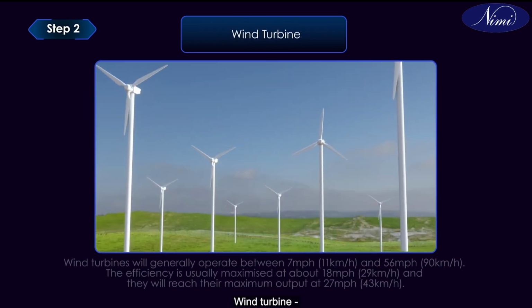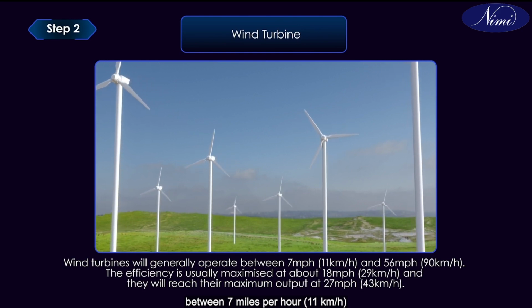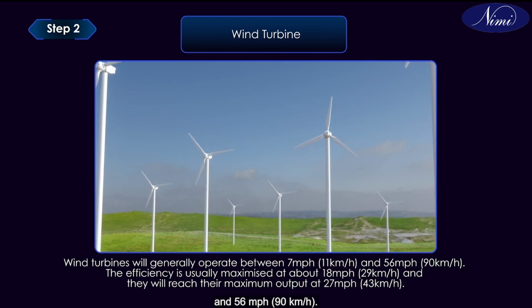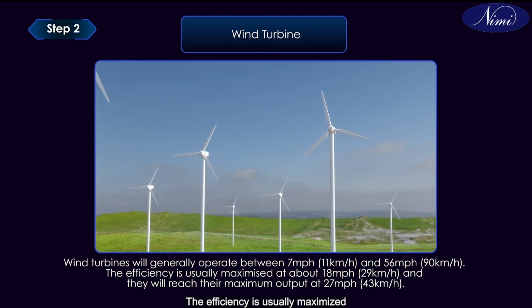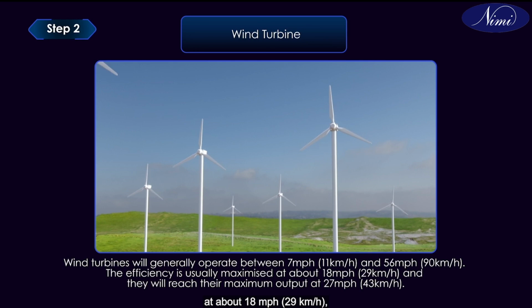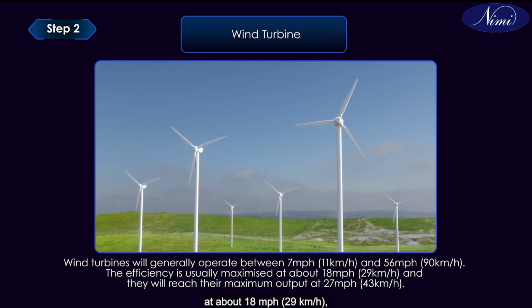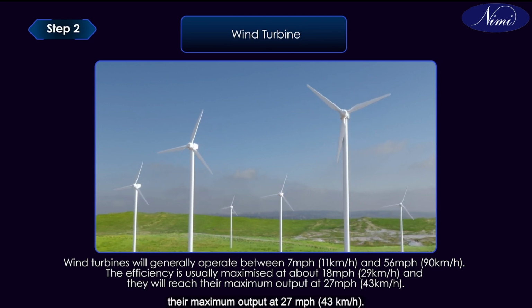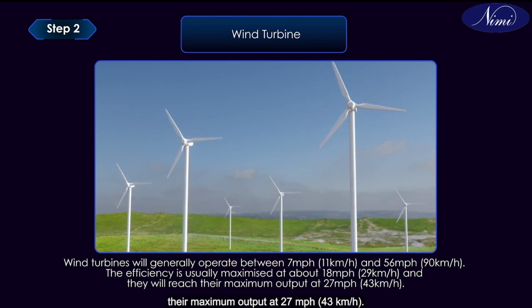Wind turbine. Wind turbines will generally operate between 7 miles per hour, 11 km per hour, and 56 miles per hour, 90 km per hour. The efficiency is usually maximized at about 18 miles per hour, 29 km per hour, and they will reach their maximum output at 27 miles per hour, 43 km per hour.